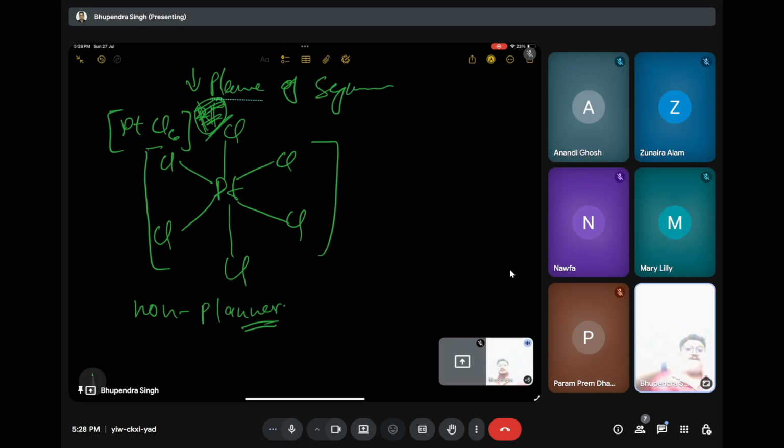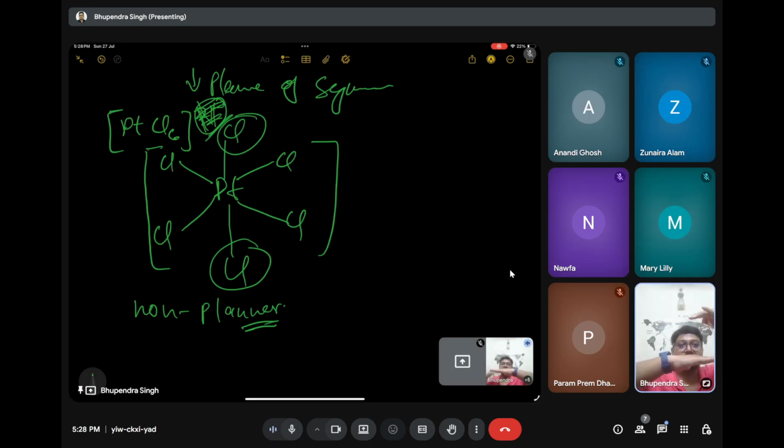This is your molecule. Pt is here, platinum, with Cl 1, 2, 3, 4, and these two Cl are here, and one is below. So if you consider this plane of symmetry, then it is bisecting the molecule, and it has reflection. This Cl is reflecting here, this Cl is reflecting here.